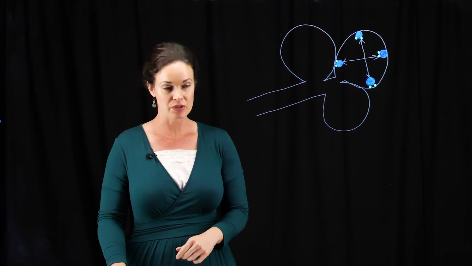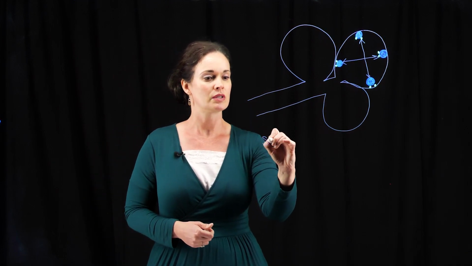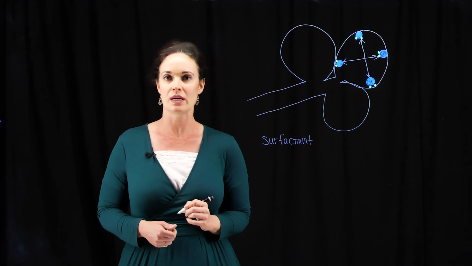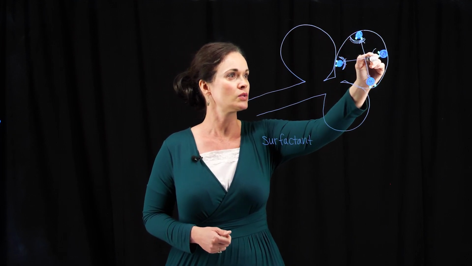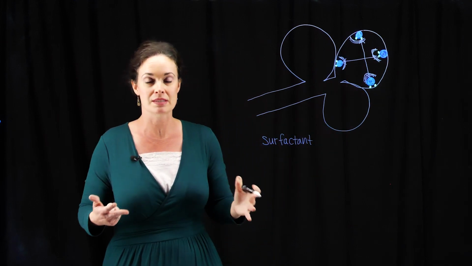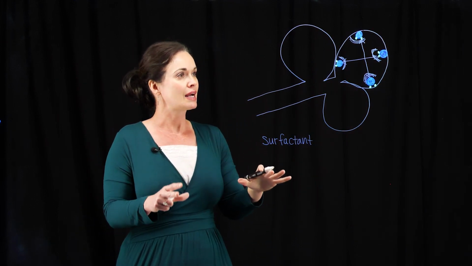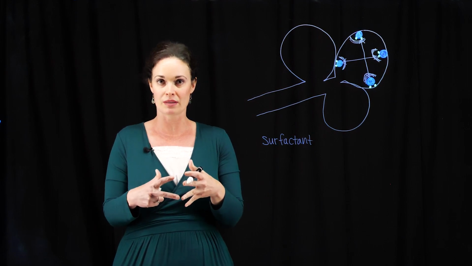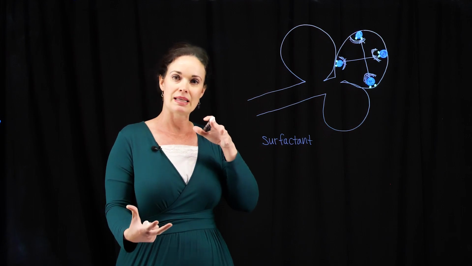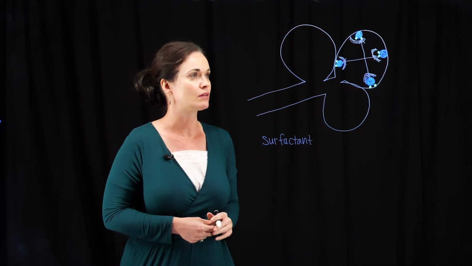So our bodies produce a chemical known as surfactant, and basically what surfactant does is it gets down in there and interacts with these water molecules, and I don't want to say creates a shield, but that's probably the simplest explanation. It kind of shields them and prevents them from interacting with each other so that they can't collapse those air sacs down.